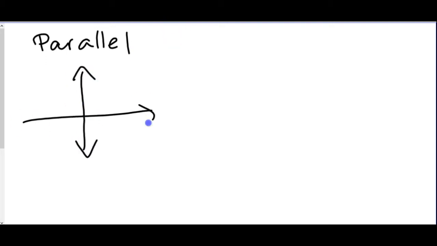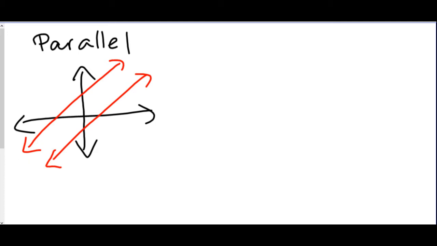Also, we wanted to talk about parallel lines and perpendicular lines. Lines that are parallel are two lines on a graph that would never touch. They have the same amount of tilt to them, so they would never cross each other.